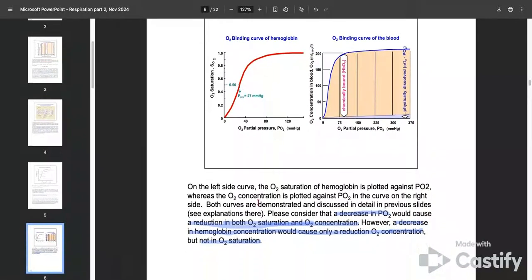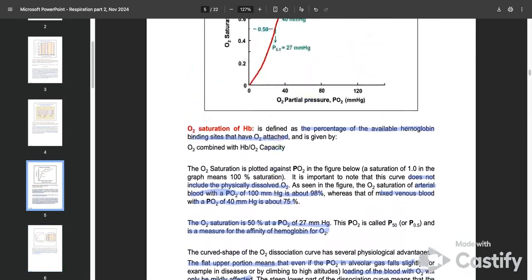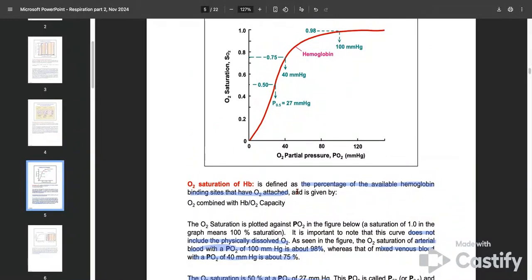However, a decrease in hemoglobin concentration, and I want you to focus on this, would only cause a reduction in oxygen concentration, but not in oxygen saturation. Remember, what was oxygen saturation? Oxygen saturation is defined as the percentage of the available hemoglobin binding sites that have oxygen attached.